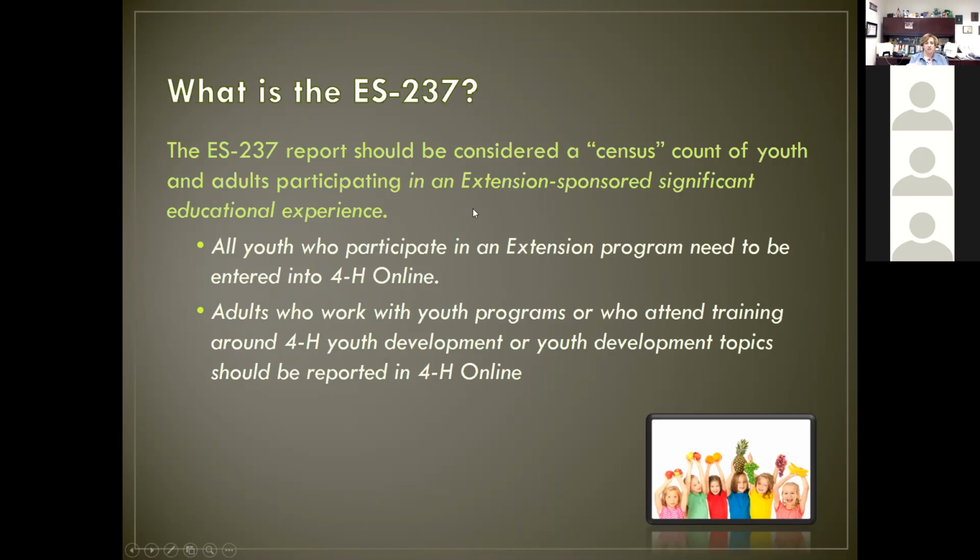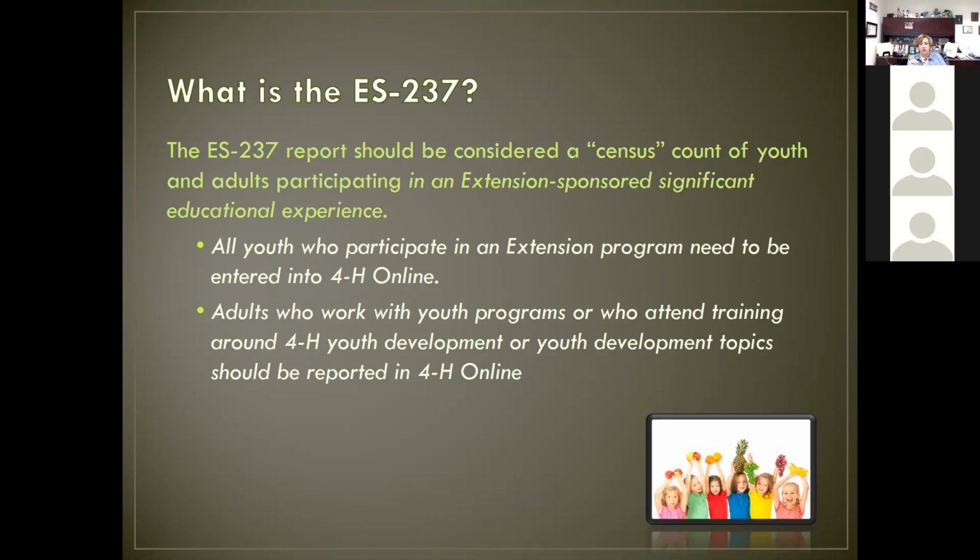Essentially, it's our census count of all youth and adults that are participating in extension-sponsored significant educational experiences. Realistically, it is for extension youth programs. This is where we run into issues, because everybody always calls it the 4-H ES 237. It is really not the 4-H ES 237, it's just the ES 237.